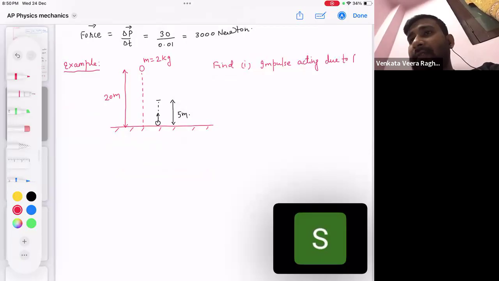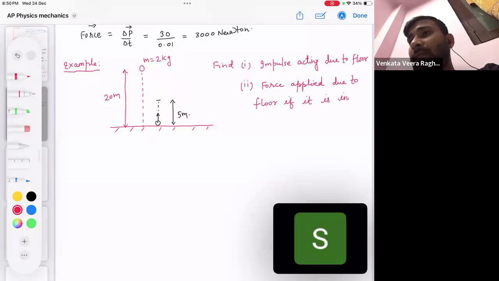And my second part of the question is force applied or force acting due to the floor. At the moment I ask you the force, I have no other question. It is in contact with the floor. Okay.